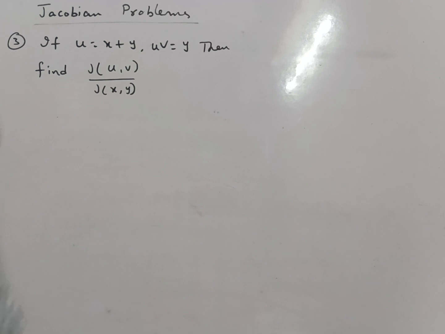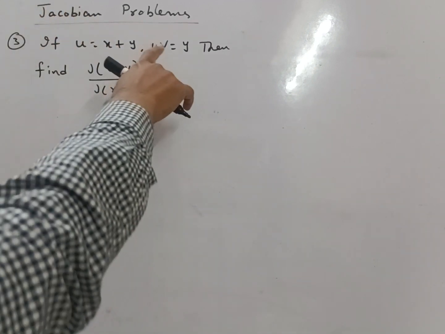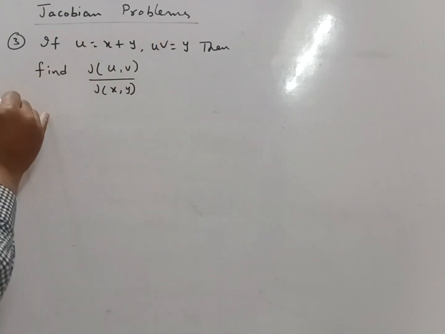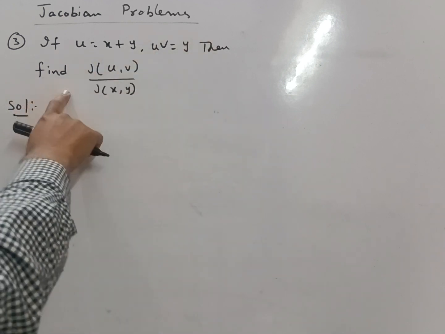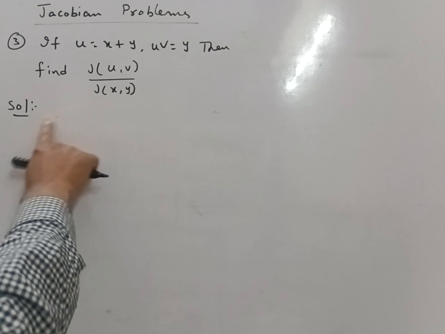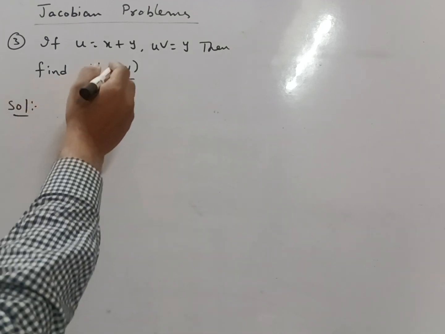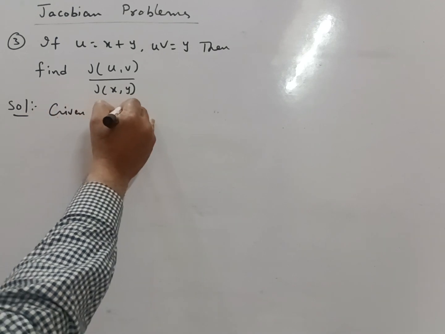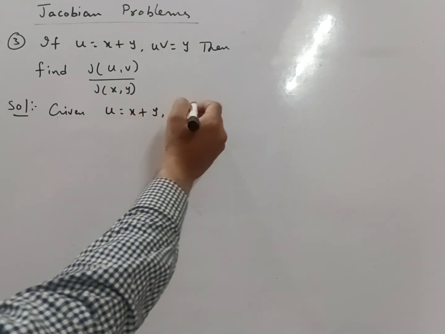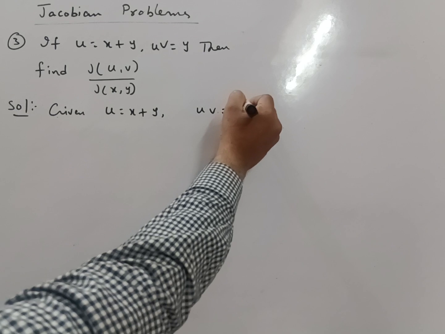The next problem: if u is equal to x plus y and uv is equal to y, then find dou of u comma v by dou of x comma y, he's asking. So what he gave here, see, solution: given u is equal to x plus y. Then what he gave here, uv is equal to y.